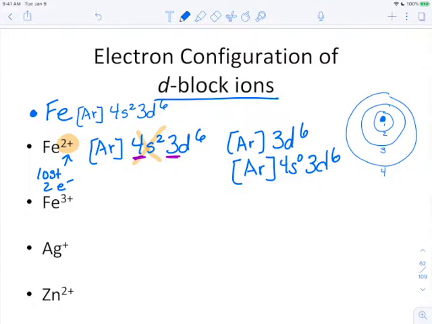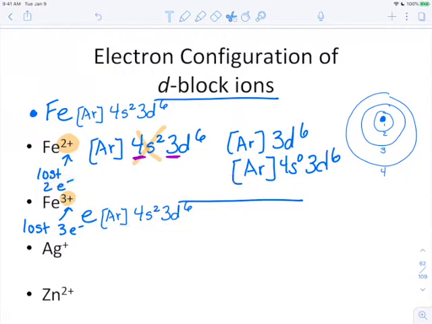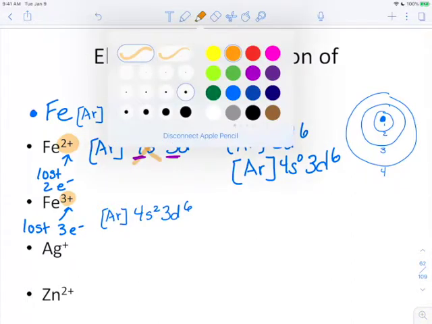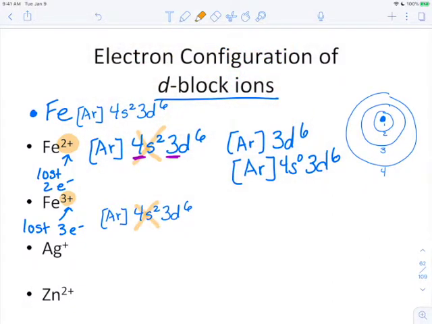Next up, we have our iron 3+, and what we know is that a 3+ means it's lost 3 electrons. If I take the original configuration, we need to take away 3 electrons. We know the first 2 are coming from the s, so those 2 are gone.